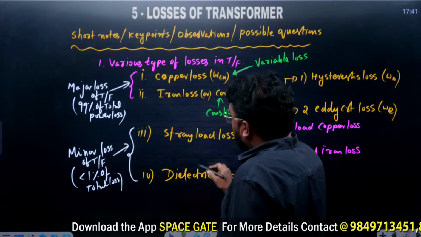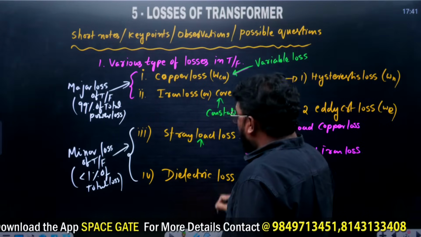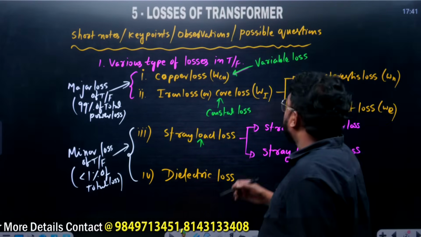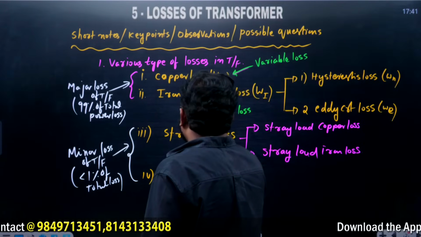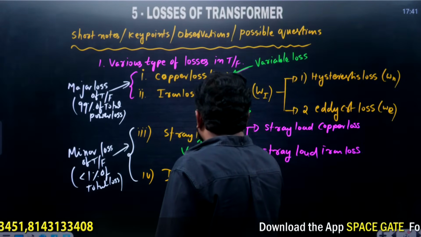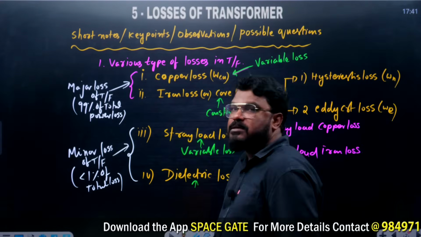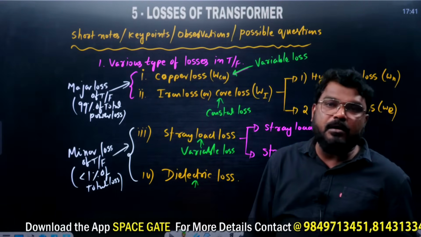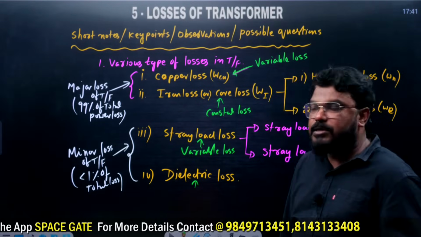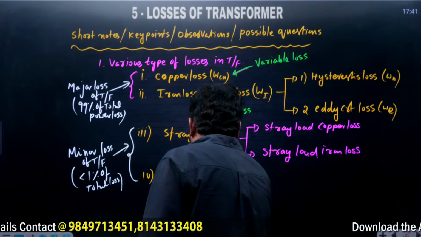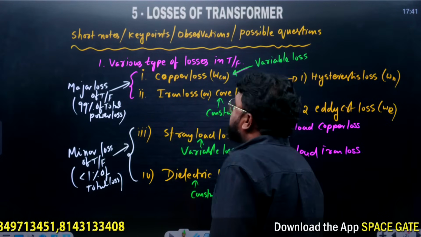And stray load losses depend on the load current and load variation, so these are treated as variable losses. And dielectric loss is independent of load current and load variation, so it is treated as a constant loss of the transformer.